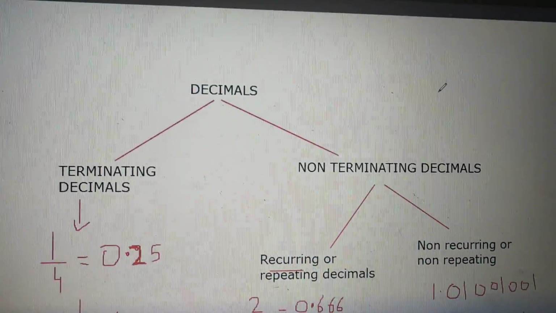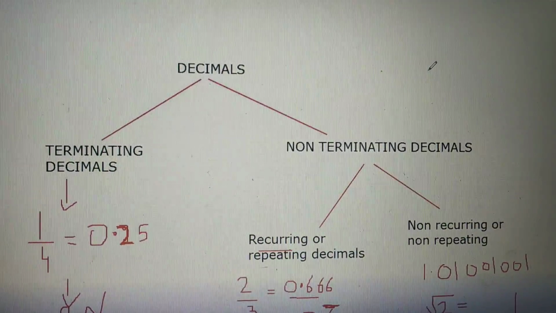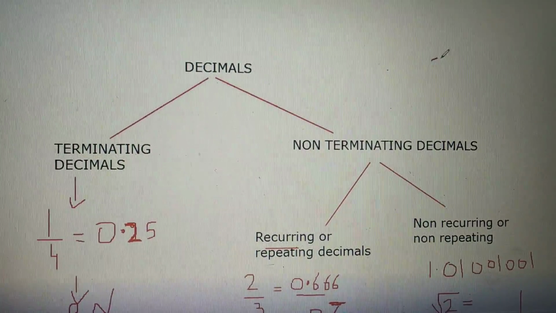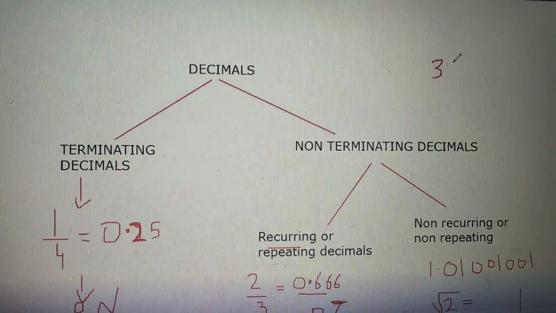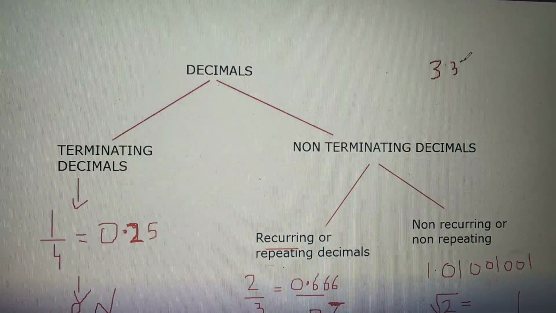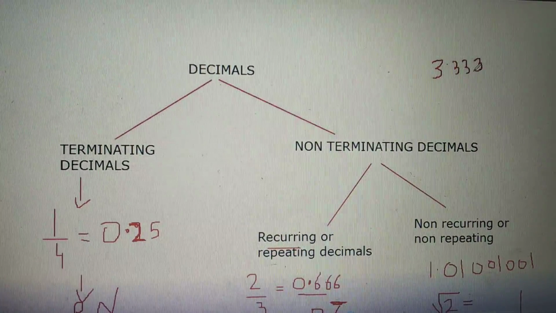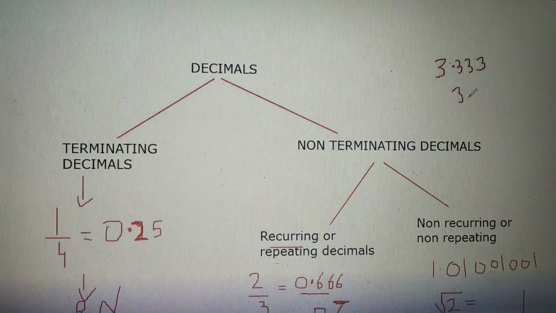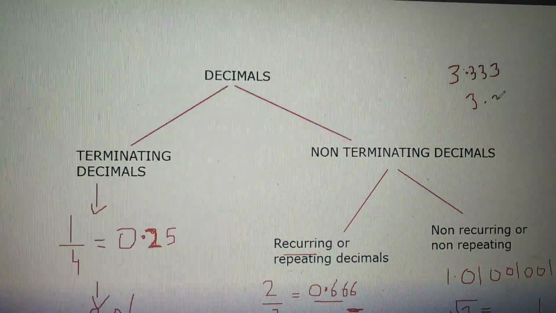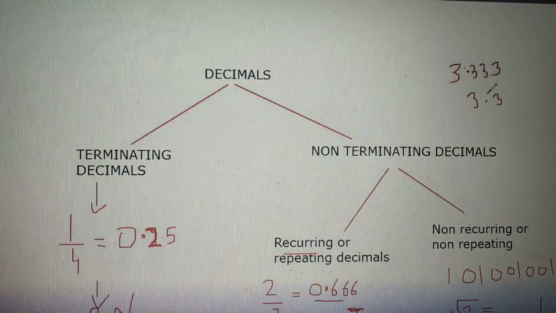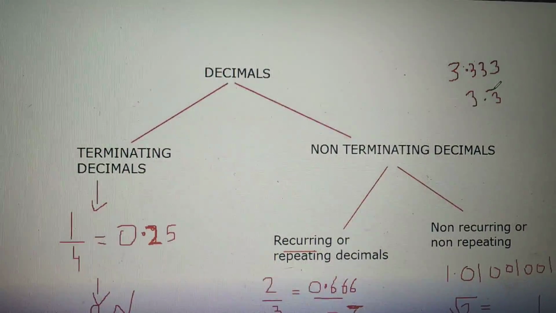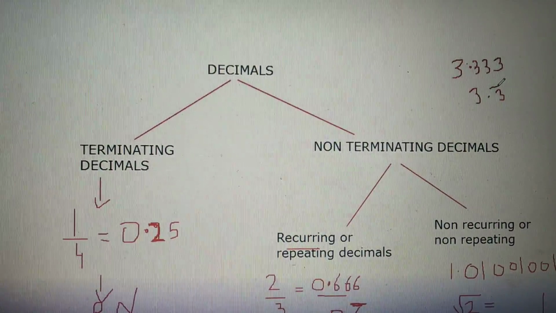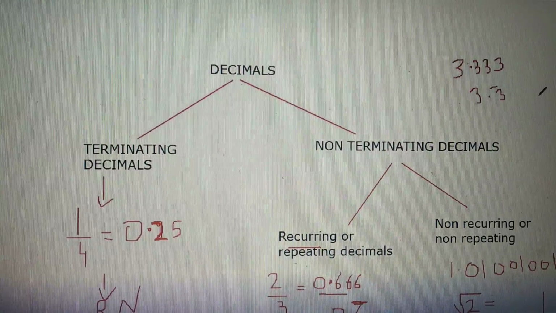We write repeating decimals by putting a bar on the numbers which are getting repeated. So for example, my number is 3.333 and it goes on continuing. I will write it as 3.3 and a bar over 3 because this number is getting repeated. The number or digit that is repeating itself is called a period.